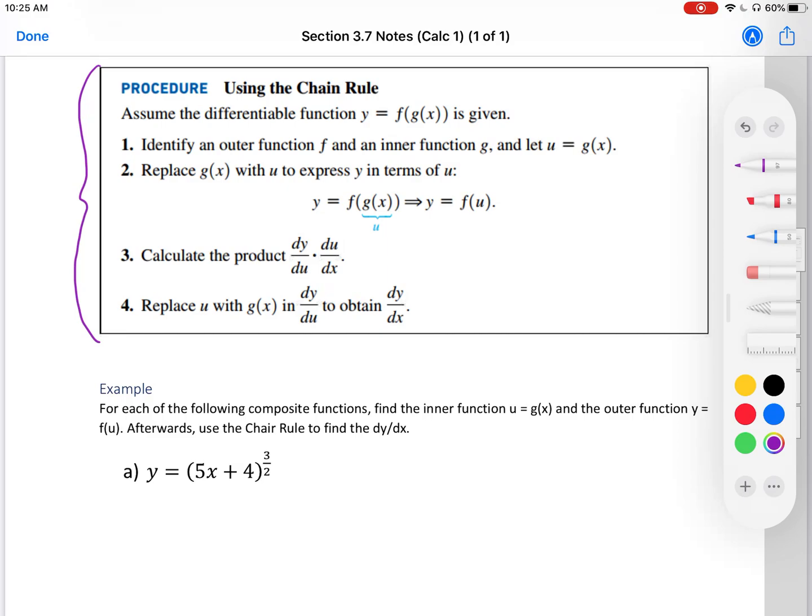What really helped me was when I went to tutoring and the tutor told me that the best way he can describe it, in just general layman's terms, is: it is the derivative of the outside times the derivative of the inside.